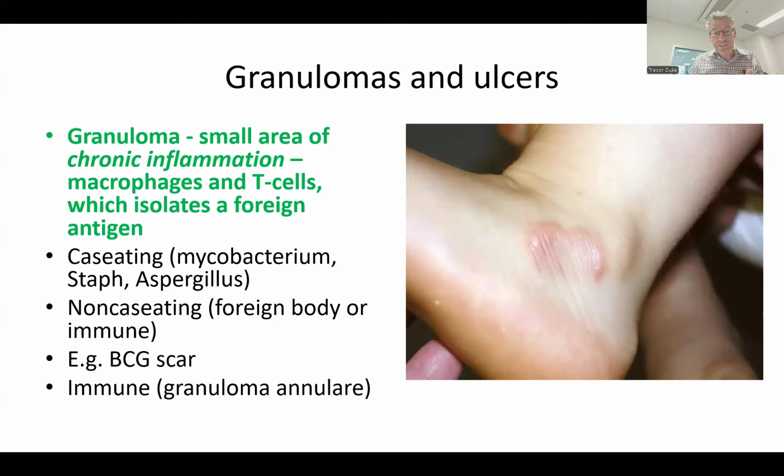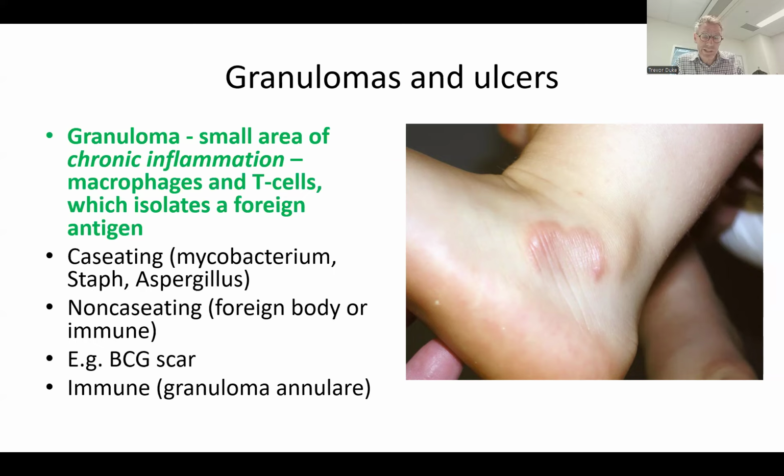Granulomas can be caseating or they can be non-caseating. It's like pus-forming or not pus-forming. And the caseating ones are, Mycobacterium causes caseating granulomas, as we all know. Staph aureus does so, as does Aspergillus, a fungal infection. The purpose of the inflammation is to isolate those bacteria or fungus to a certain location and stop it spreading more systemically.